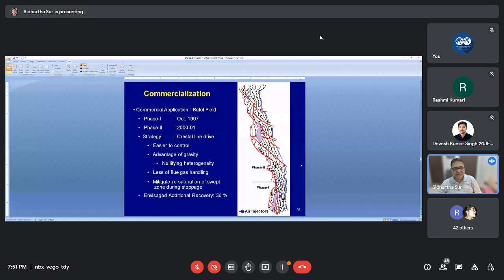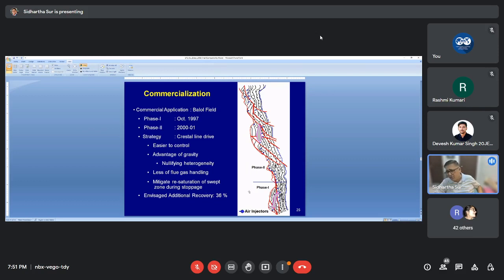So you can see it becomes easy to control. Heterogeneity gets nullified to a great extent. Less flue gas handling, because now all the flue gases will be almost stored at the crest of the reservoir, and less will be handled by the operators.